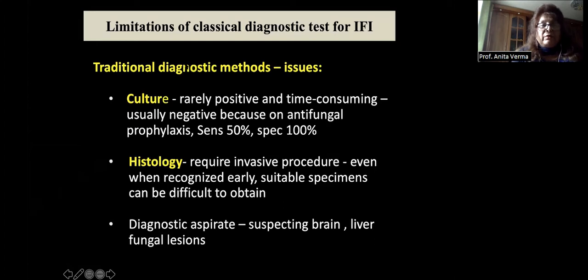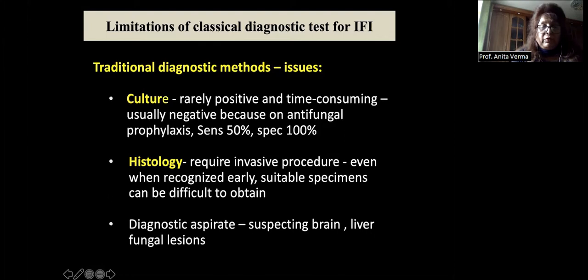The limitation of classical diagnostic tests, especially cultures, is that they rarely become positive, are highly time consuming, and are usually negative because of antifungal prophylaxis; their sensitivity is very low. Histology is very specific, but it requires an invasive procedure, and even when we recognize the lesion, it's not always easy to do.